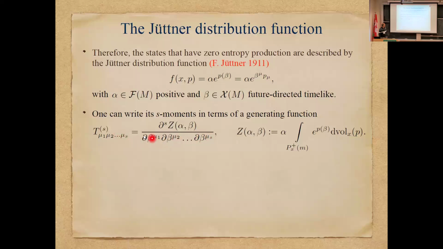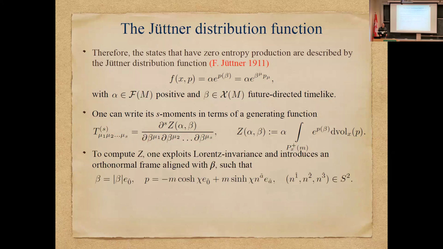So you just need to compute Z, and then everything follows. And to compute this integral, you can exploit the Lorentz invariance and choose an orthogonal frame where the time-like leg is aligned with beta.